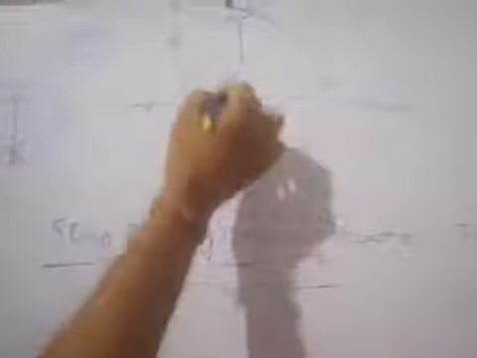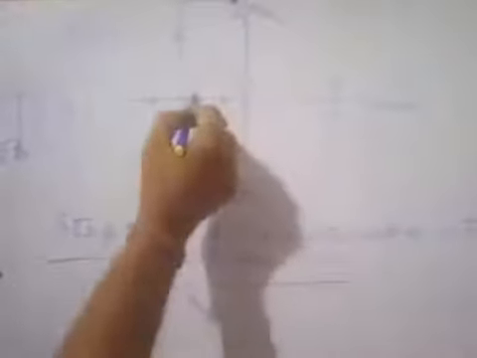That means at which point this polar plot actually intersects with the real axis. To find the point of intersection of the polar plot with the real axis, we have to consider the G(j omega)H(j omega) transfer function.